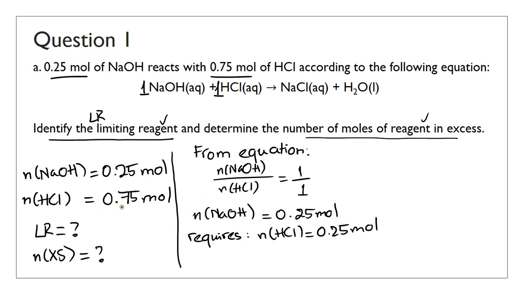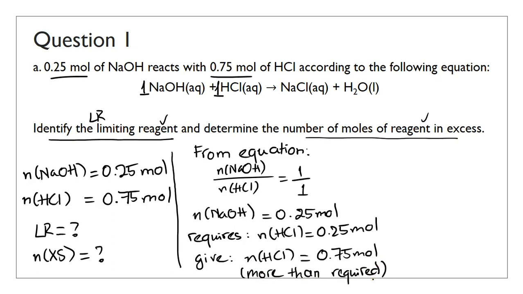However, in reality, you're given 0.75 mole of HCl. The amount of hydrochloric acid given is more than required, which means hydrochloric acid must be the substance in excess here, and sodium hydroxide must be the limiting reagent. So HCl is in excess, and NaOH is the limiting reagent.